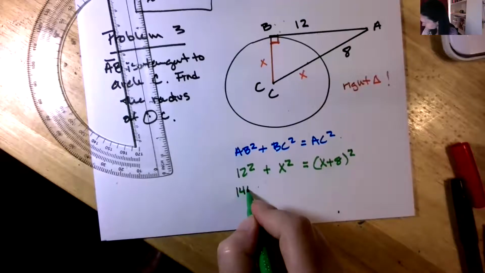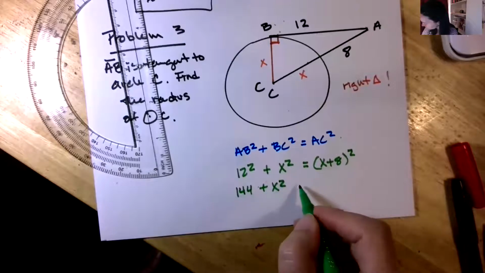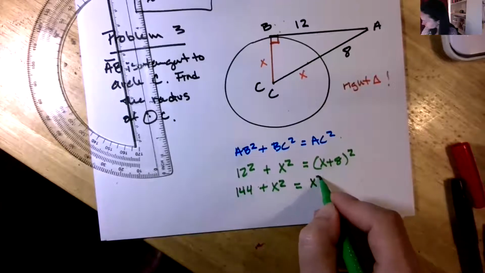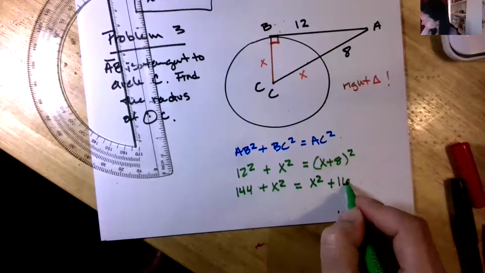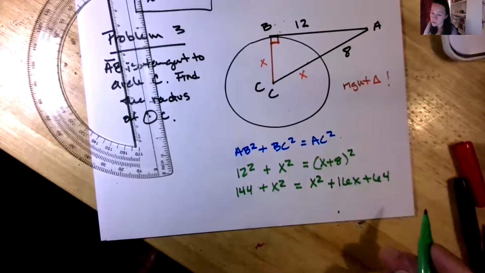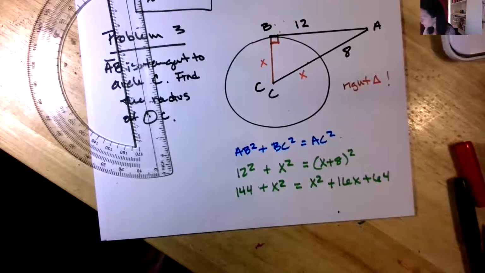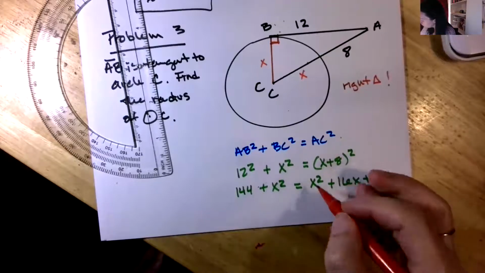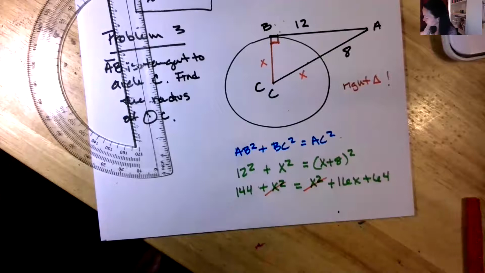So 144 plus x squared equals x squared plus 16x plus 64. If you don't remember how to FOIL, you need to go back and review that. Okay, if we simplify very nicely, our x squareds cancel out. That's very helpful in this problem.